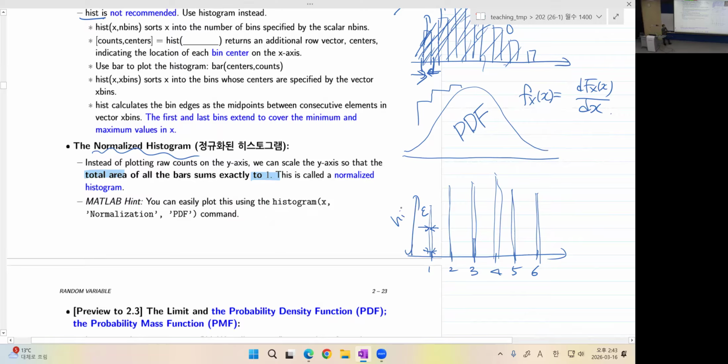And by the definition of the normalized histogram, what would be the sum of the areas of these rectangles? It's 1. And that may sound familiar from what you learned in signals and systems. Actually, each rectangle kind of converges to delta functions located at 1, 2, 3, 4, 5, and 6.